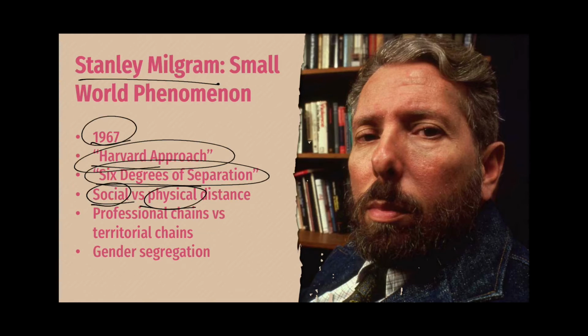And then another insight that they were able to gain here is that there were two ways that we try to find a person that we want to connect to. It's either we find it through our professional chains, probably within our world of work or within our school, or it could also be through territorial chains. Maybe someone, for example, do you know this someone who also works at the same occupation or is also someone in the same profession?